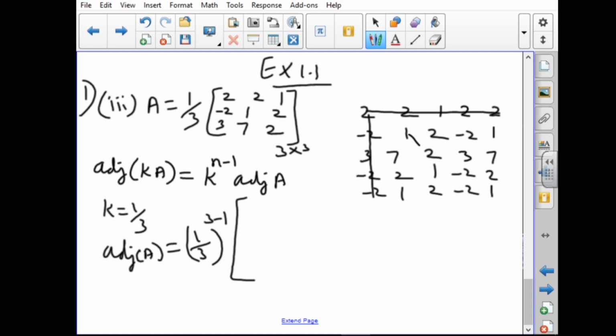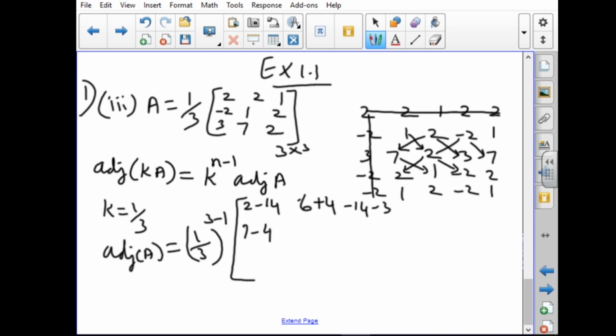First multiply this, 1 into 2 is 2. So 2 minus 14. Then next one 6. Minus, here we have, and already we have a minus, so plus 4. Then minus 14, minus 3. Then similarly here 7 minus 4.